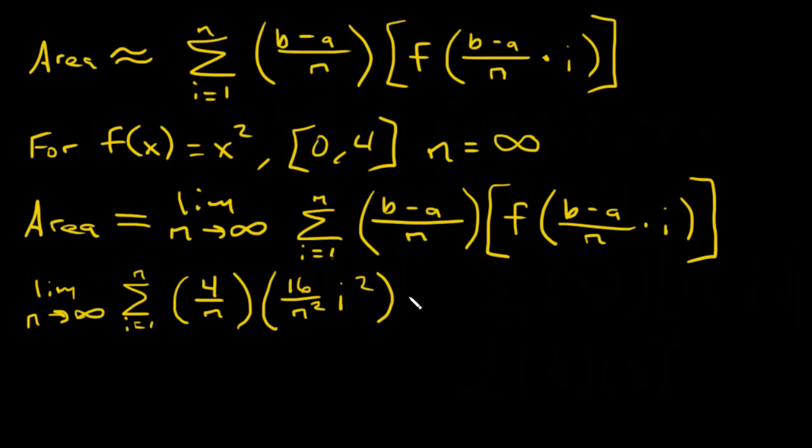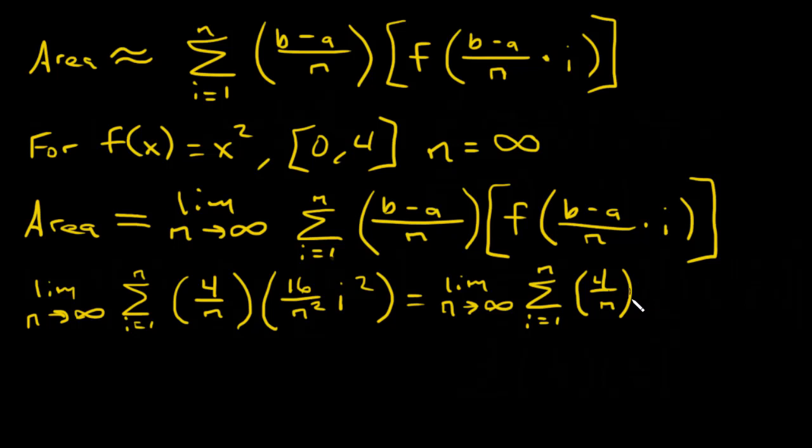Okay? So this is going to be the limit as n goes to infinity of summation i from 1 to n of 4 over n times, well, I should just do it out, shouldn't I? Let me erase that.